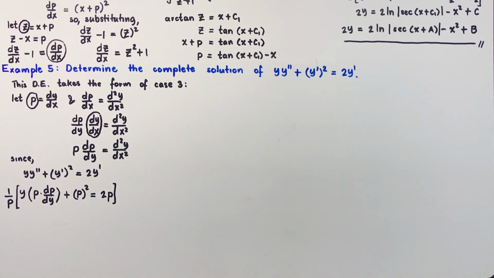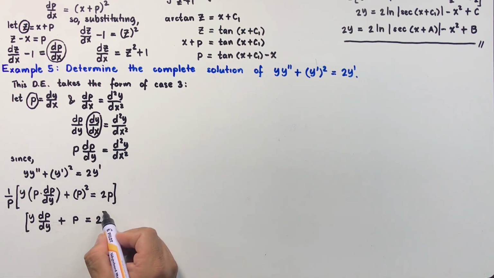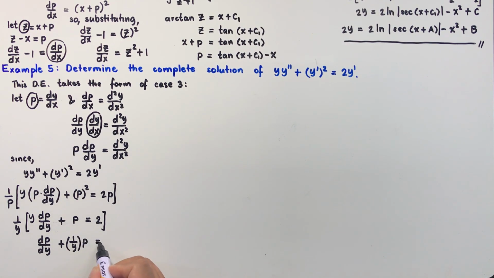So we have y times the derivative of p with respect to y plus p equal to 2. And to eliminate this y, we multiply again both sides by 1 over y. So we have the derivative of p with respect to y plus 1 over y times p equal to 1 over y times 2.